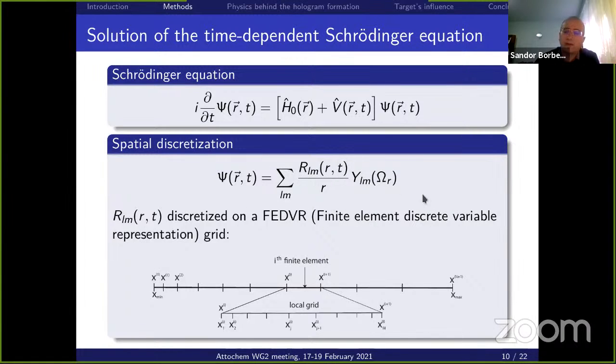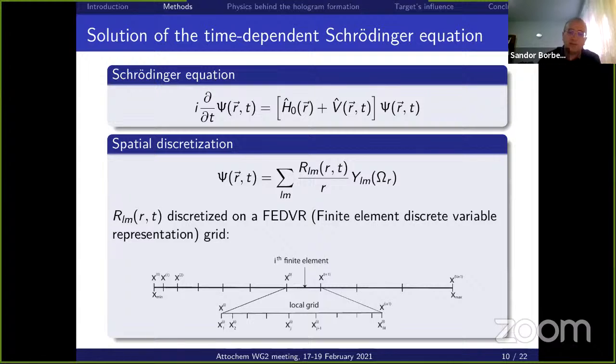For the angular part of the wave function, we have used spherical harmonics as basis. The radial part of the wave function is discretized on a finite element discrete variable representation grid, which is basically very simple. You have the configuration space, which you split into finite elements, and inside each finite element you represent your wave function using a polynomial basis.